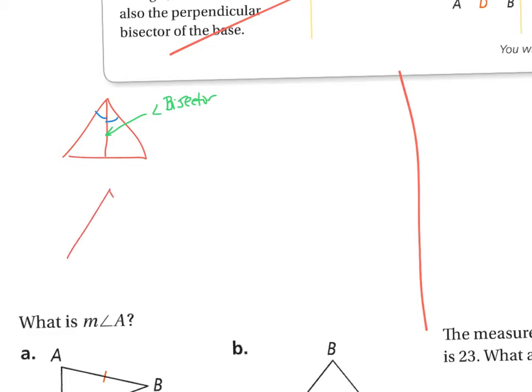Okay, let's draw another triangle. If it goes through the middle and it makes these lines congruent, and it also makes a right angle, that would mean that that is a perpendicular bisector.